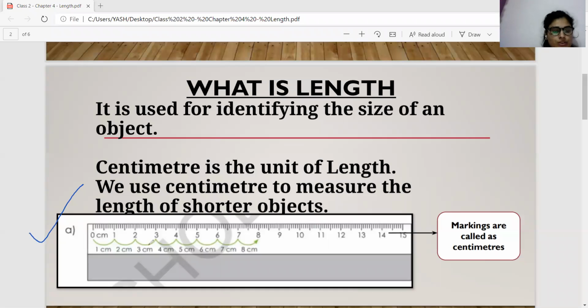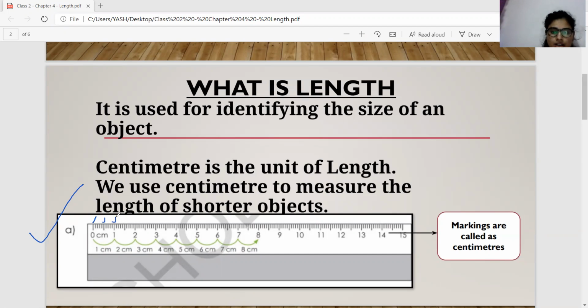Let's study the ruler. Here you can see so many divisions. Some lines are longer while others are smaller. You can see this line is longer, this line is longer, this line is longer.